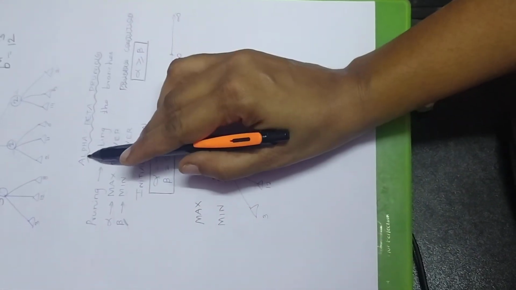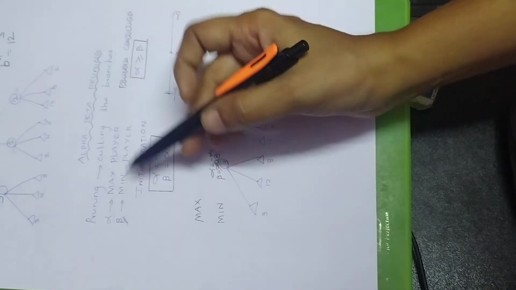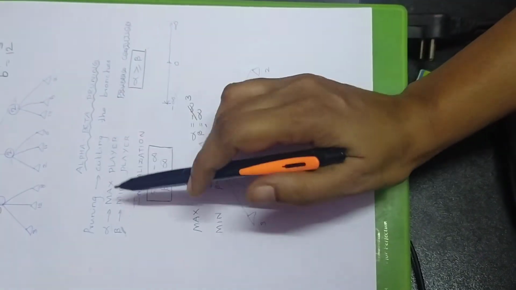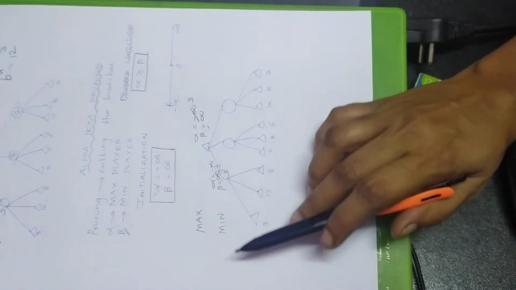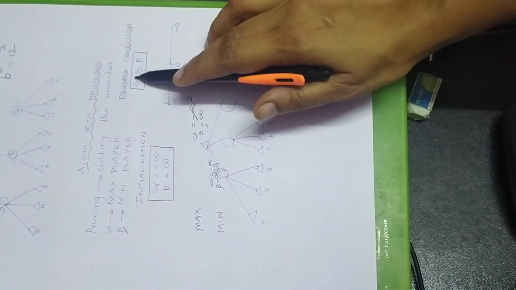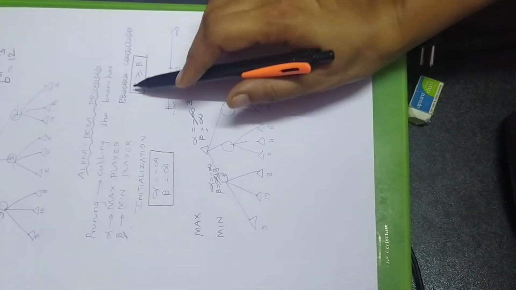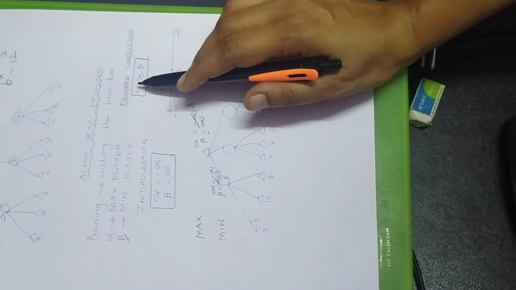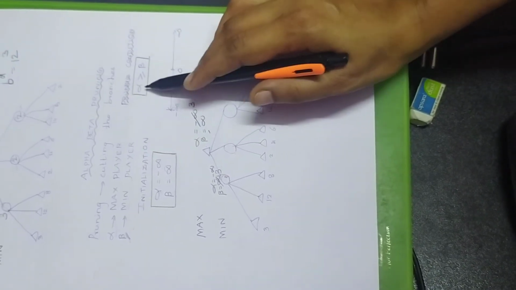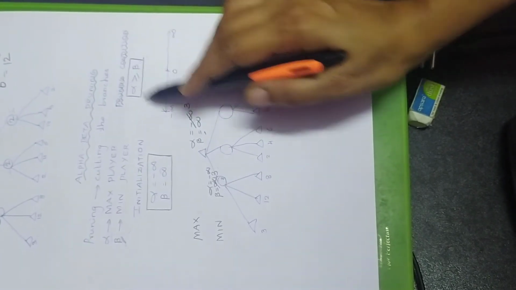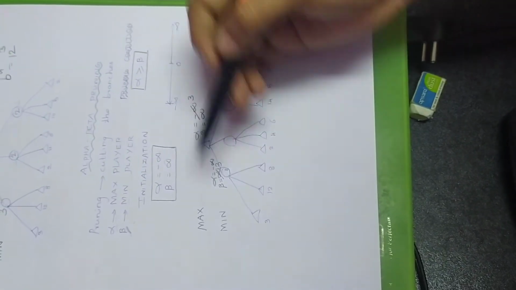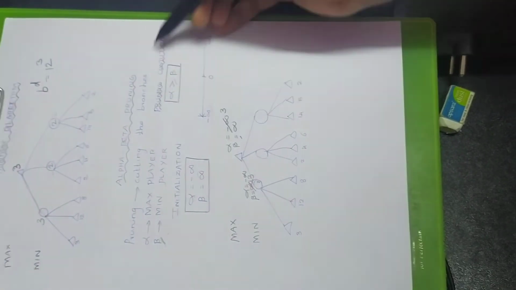Here we have considered two variables, alpha and beta. Alpha is for the max player and beta is for the min player. The pruning condition, when we need to cut the branch, is: when alpha is greater than or equal to beta, we have to prune that particular branch.